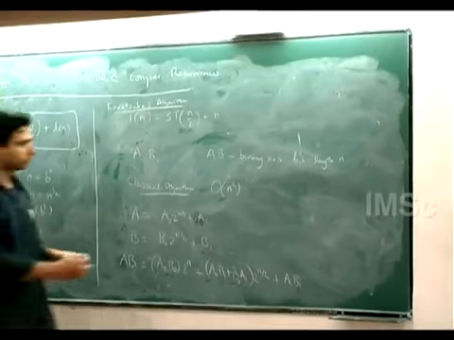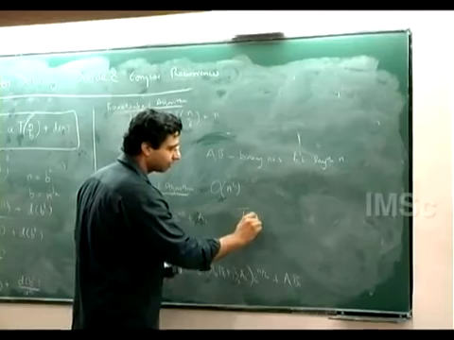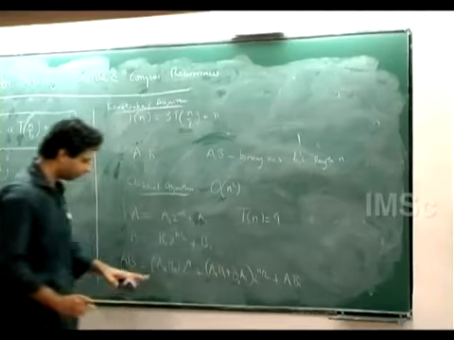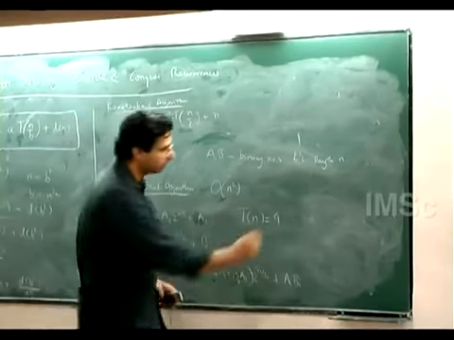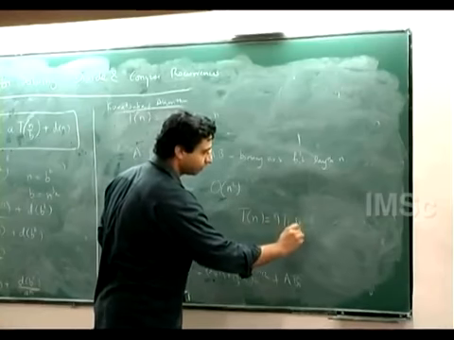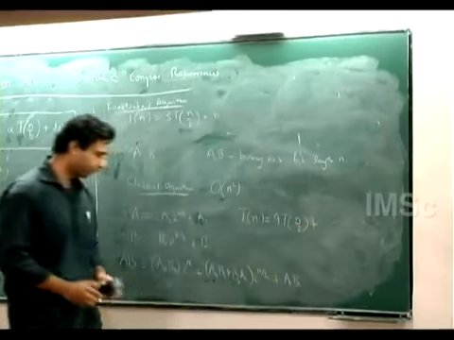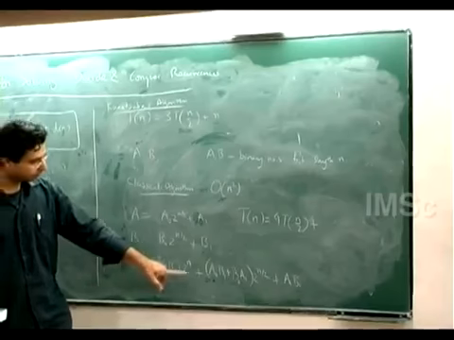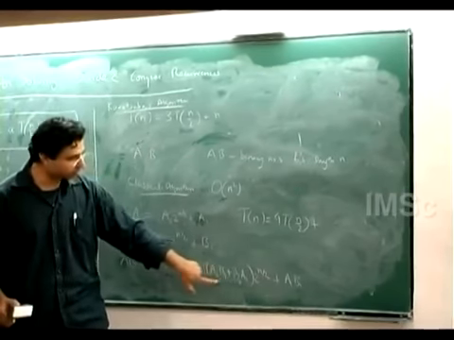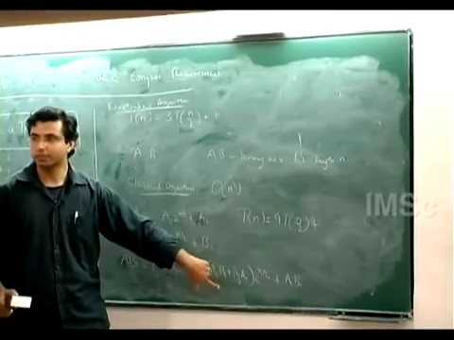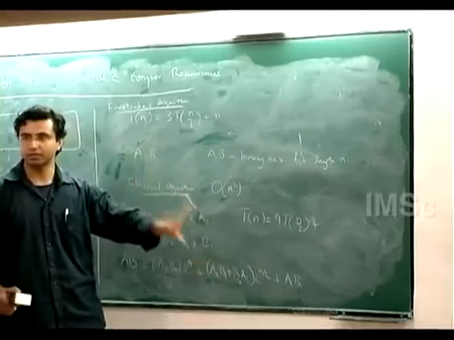If I do this approach, the recurrence I get is 4 multiplications, 1, 2, 3, 4, of numbers of length n by 2, plus the cost of adding these numbers of bit length n, which is roughly linear, order of n.